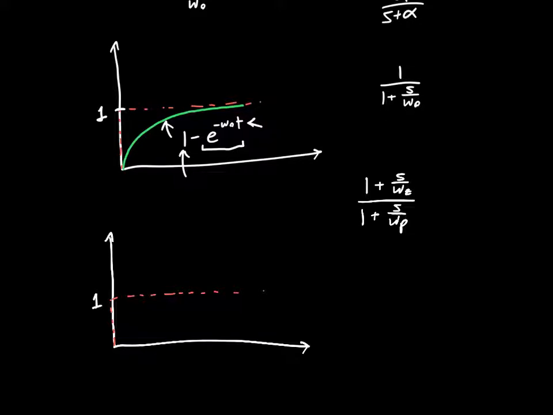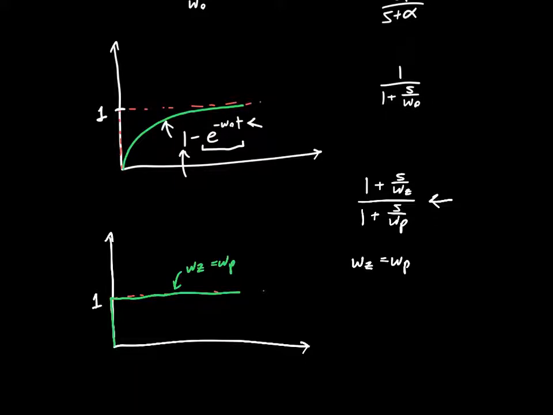I'm going to start by saying let's assume that omega z is equal to omega p. What would we expect to see? Basically, we'd expect the zero and the pole to cancel each other out so that the response to a step is just, well, a step. So if omega z equals omega p, we expect to see a step.